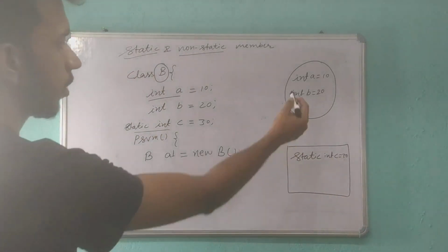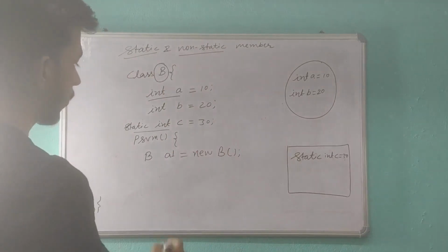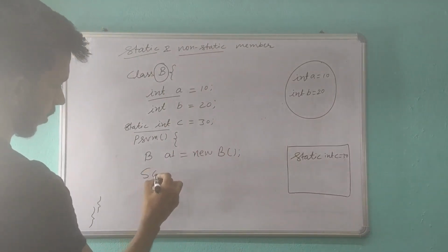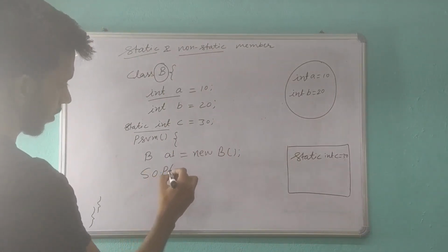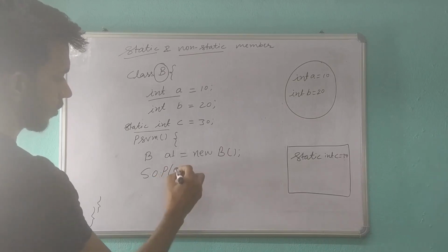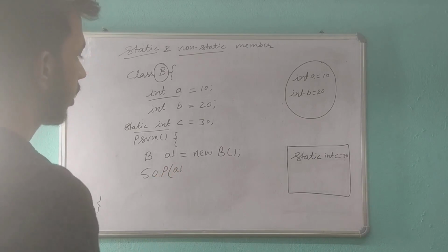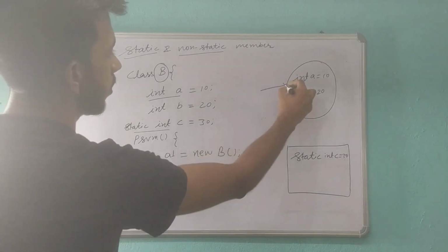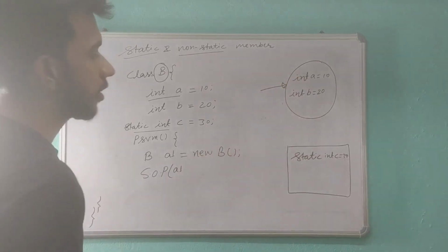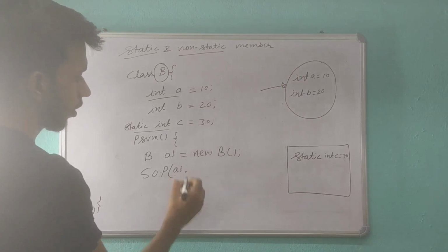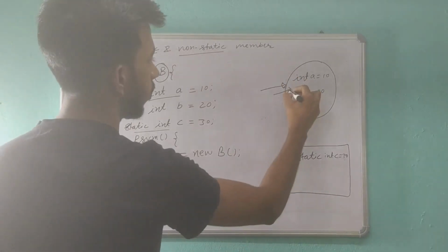To access these members, firstly we have to write the SOP statement with the reference variable. The reference variable will refer to this object. To enter it, we write dot. Dot will enter inside the object.